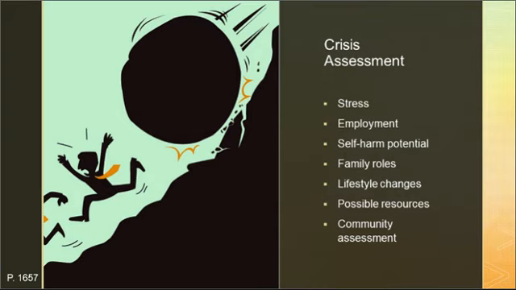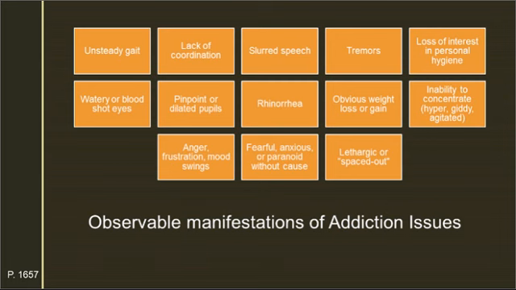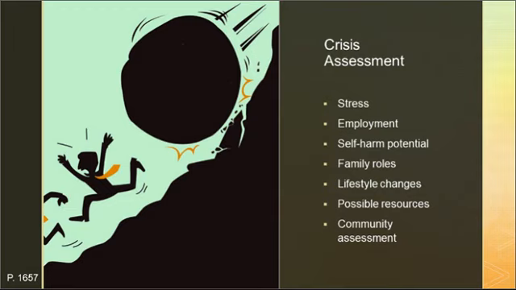Assess explanations for inconsistencies. Oops, how did I get to that slide? Okay. So, crisis assessment. Look at the questions that you need to ask on page 1657. It has observation and patient interview.